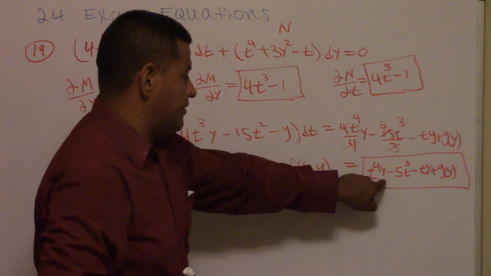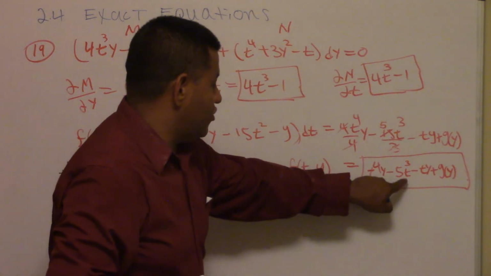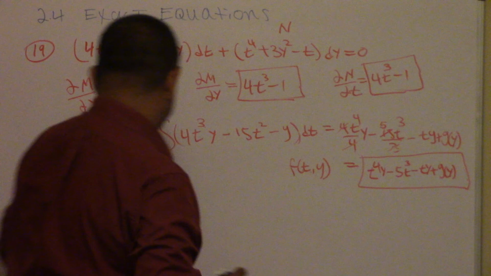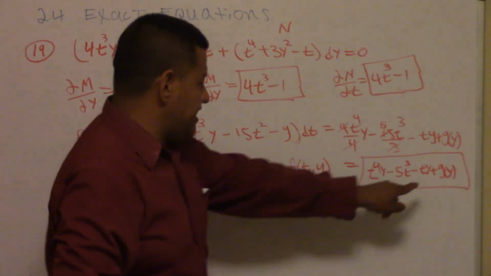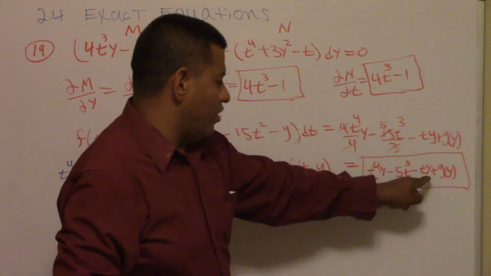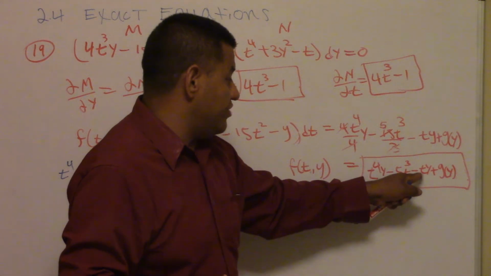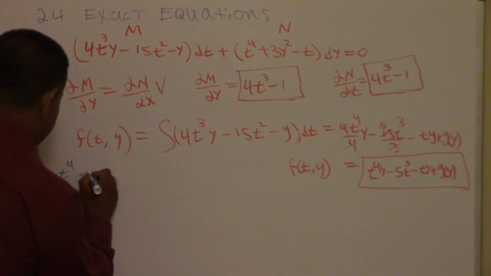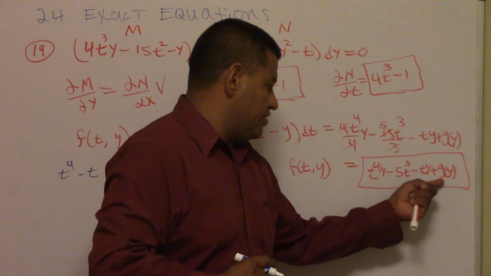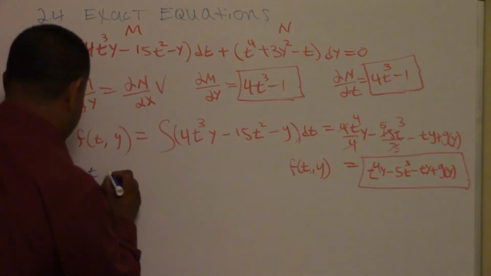Because I am taking the partial with respect to y. This 5t cubed goes to 0. So now I take the derivative of negative ty with respect to y. That is going to be negative t.